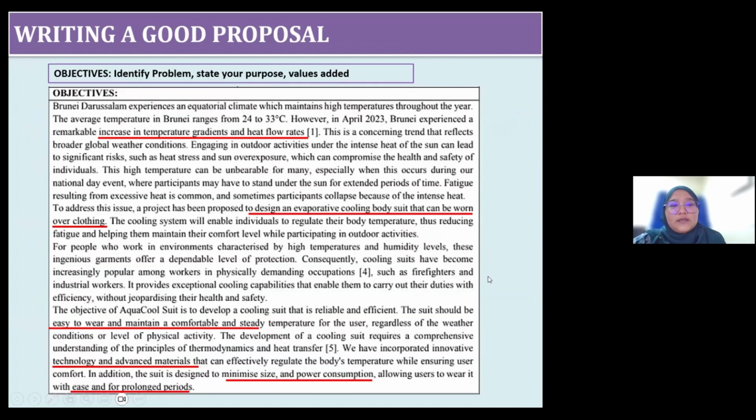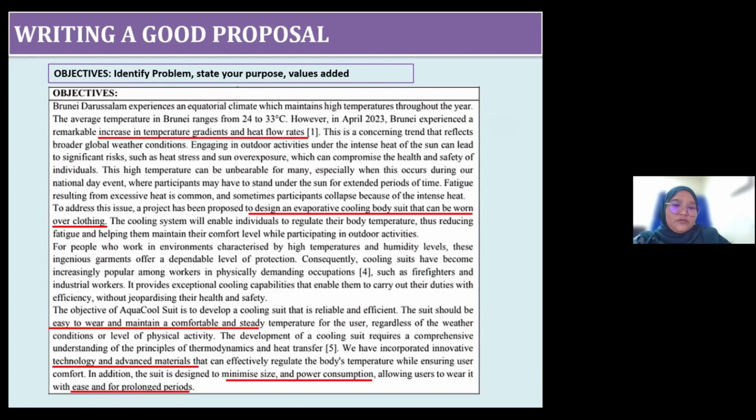Okay, so here, straightaway, is an example of one of the proposals showing the objective. Basically, as I said just now, in the objective you should identify the problem, state your purpose, and show the distinctiveness or uniqueness of your innovation or invention.